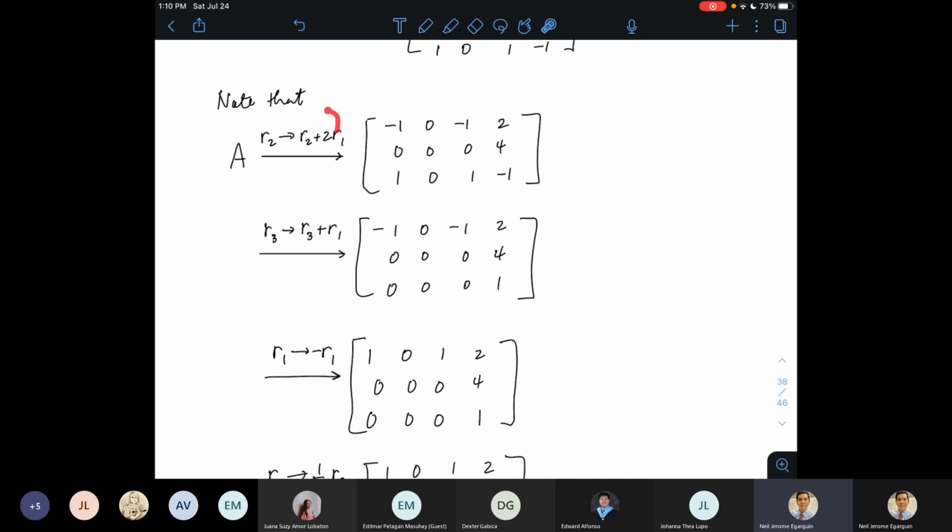Ang gagawin ko na lang, gagawin ko yung lexicographic perspective ng EROs. Oh, by the way, para makuha yung RCEF, kailangan yung gawin yung elementary column operations. So, kaya talaga magkaiba.